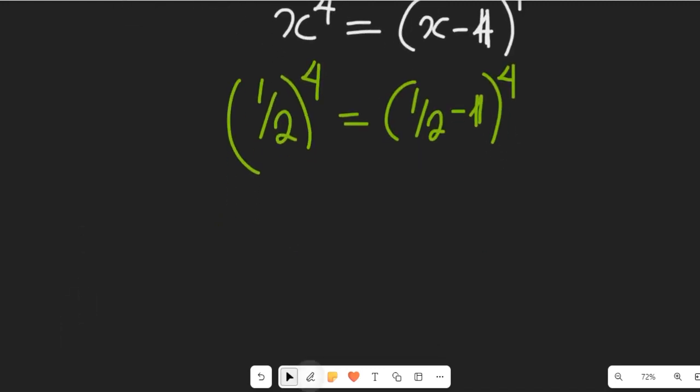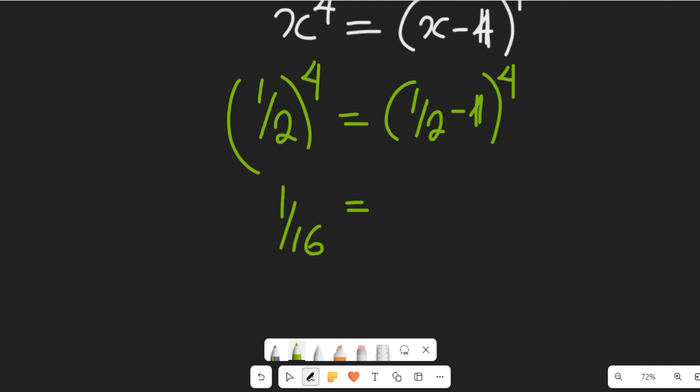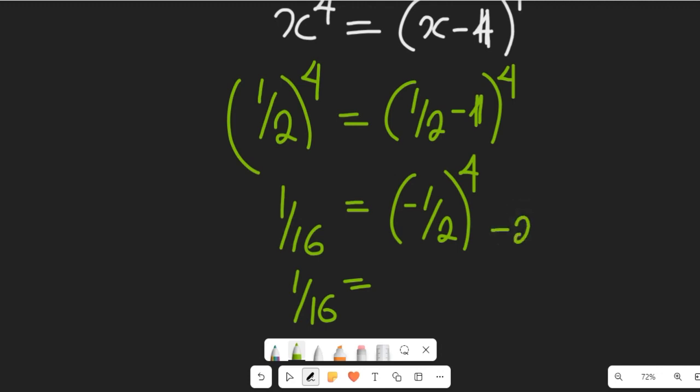So if we simplify that, we'll have this equal to 1 divided by 16, while this will become negative 1 divided by 2 all to the power of 4. And if we simplify that, we'll have 1 to the power of 4 over 2 to the power of 4, that is minus 2 multiplied by minus 2 multiplied by minus 2 and multiplied by minus 2. And with the negative sign being even, this will give us 1 divided by 16.